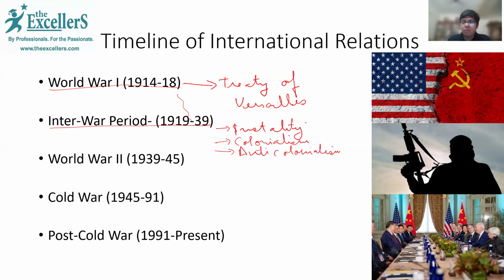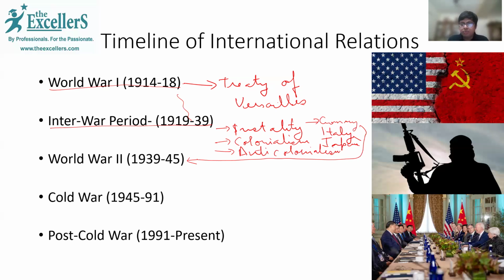At the same time, you have countries like Germany and Italy becoming very powerful within Europe, and other countries were trying to stop them from rising, as well as the rise of Japan. All these countries together were fighting the World War, versus the other old powerful countries like the US, the UK, the French, and the Russians. They all were fighting World War II.